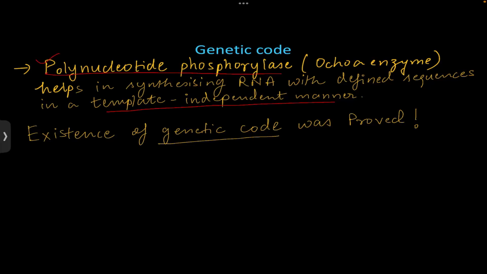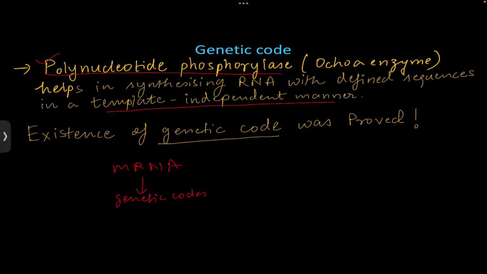So these three methods that were proposed by different scientists, when put together, allowed people to prove that yes, indeed, the genetic code is there inside the cell, and it acts as a mediator for copying information from mRNA to protein. One can think of this as an mRNA composed of genetic codes.